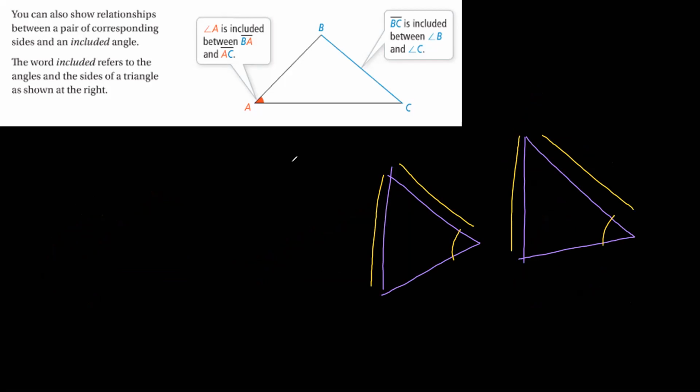No. Why not? Because the angle should be there. It should be the included angle. It should be between these two sides. Okay, now.